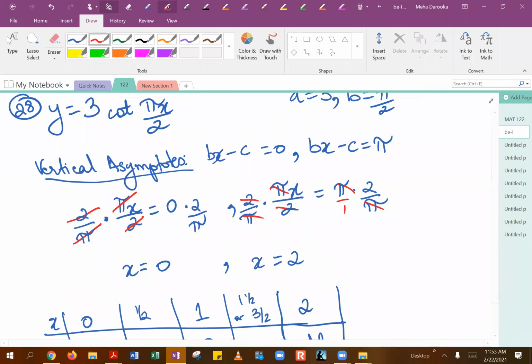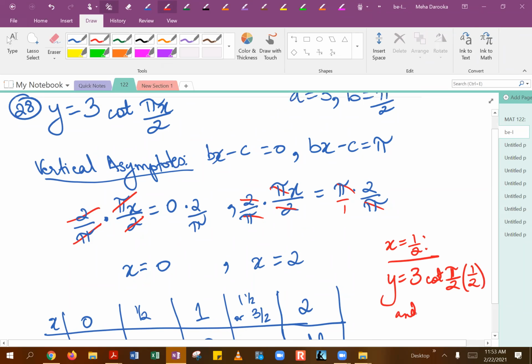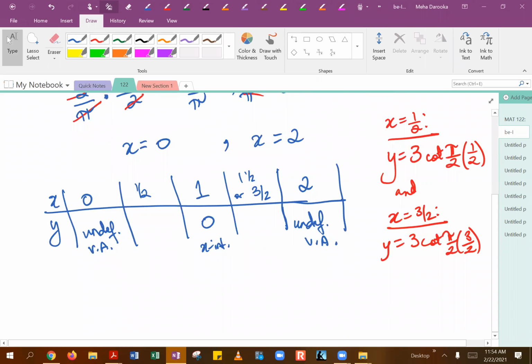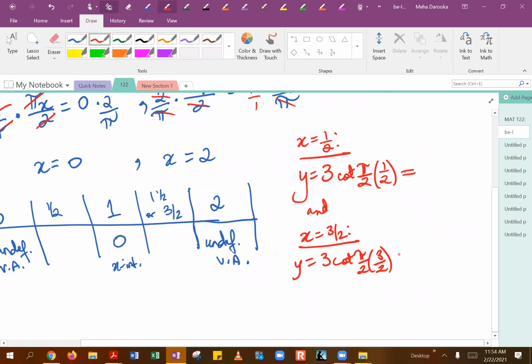So we are doing x equals 1/2, so that would be y equals 3 times cotangent of pi halves, and then for x, you can do 1/2, and you'll repeat that for x equals 3/2. So whenever you have your answers for both of these, let me know what you come up with.